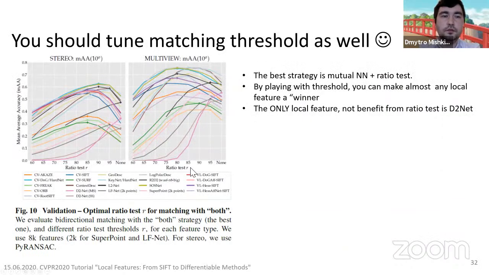It needs to be tuned per local feature, descriptor and detector. And if you check the graph, the only method which is better with just nearest neighbor matching is D2-Net, in stereo and in multi-view as well. The other methods greatly benefit from this kind of filtering.